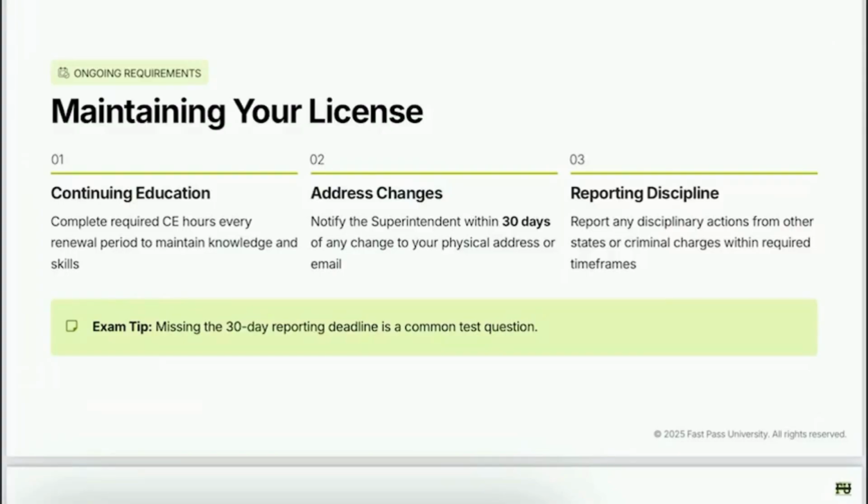So you want to make sure that you complete these. We'll go over the continuing education hours on the next slide, but as we said, the renewal period is 2 years. You must know that number. Very, very likely that they're going to check your understanding for that.